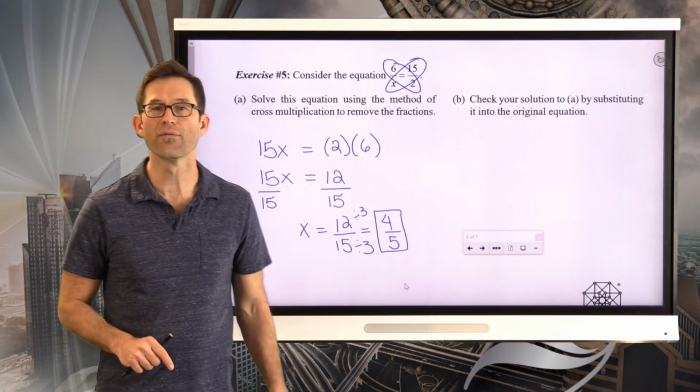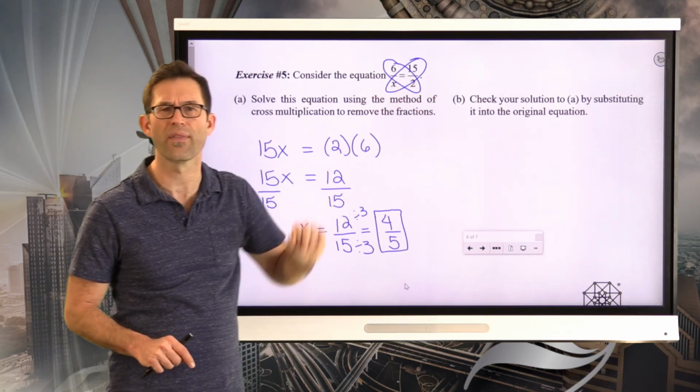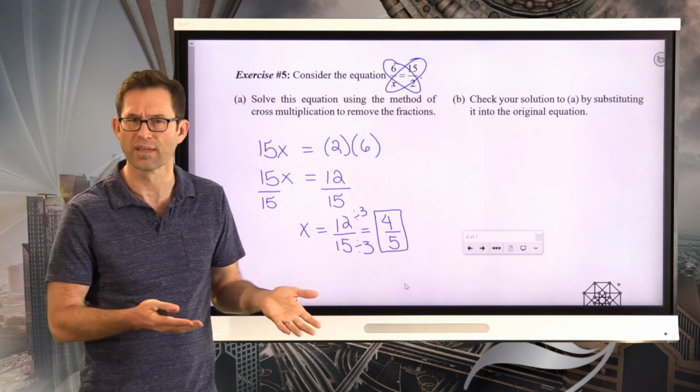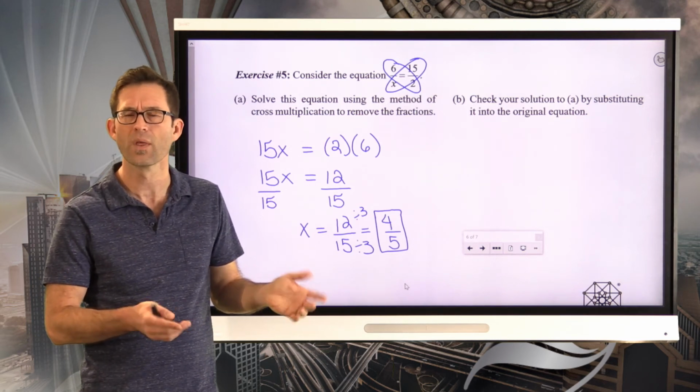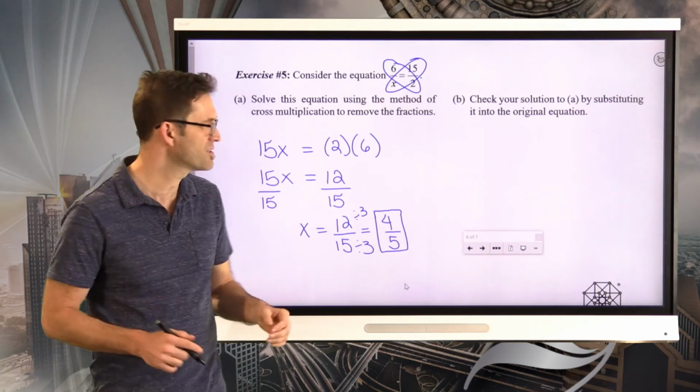Now that would be a very difficult one to just look at and go, oh, how do I scale this fraction to get that fraction? Quite challenging to figure out 4/5, right? Now letter B says check your solution to A by substituting it into the original equation. Let's do this together.